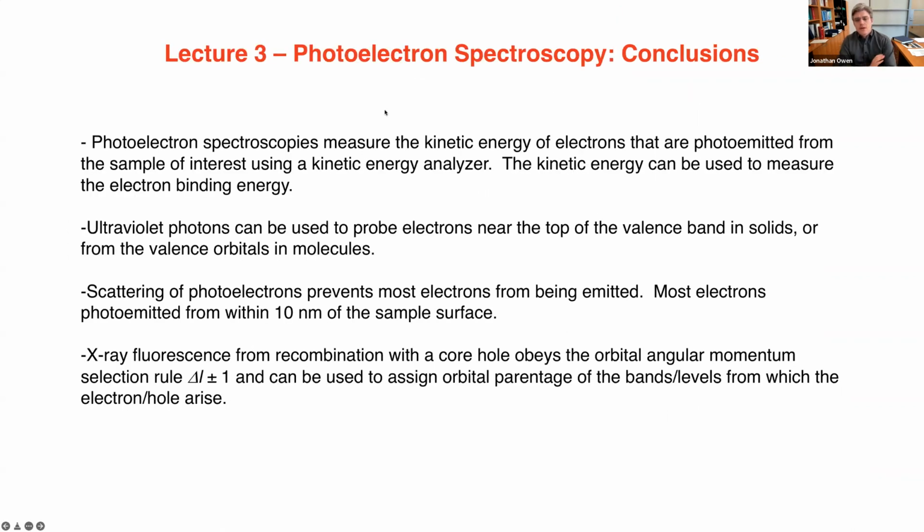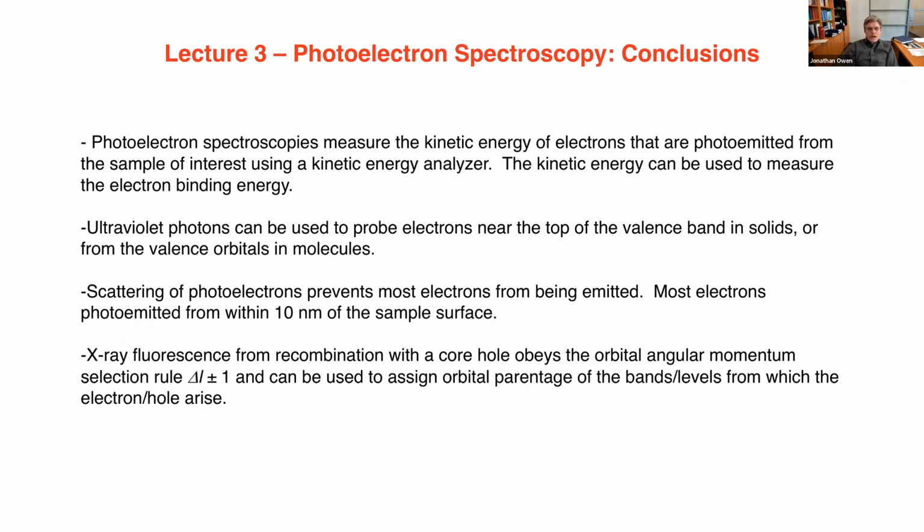Okay, so photoelectron spectroscopy measures kinetic energies of electrons, and then you derive things like the work function and the binding energy from that. You have to remember that the Fermi energy is sort of the highest electron energy in the material, and the separation between that and the vacuum level is what's called the work function.